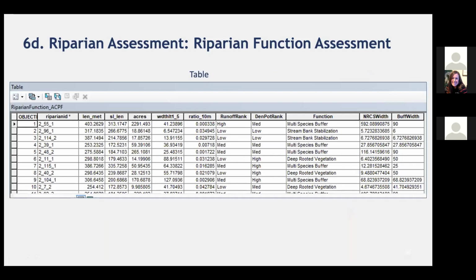So here's an output table from that step. You can see the runoff rank has been provided here, and then that denitrification potential rank has been provided here, thinking about that water table and the amount of denitrification that could potentially occur. Based on those factors, you can see different functions identified here, as well as the NRCS width and the buffer width as well.